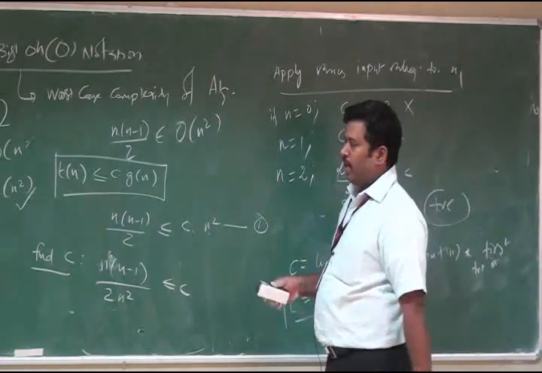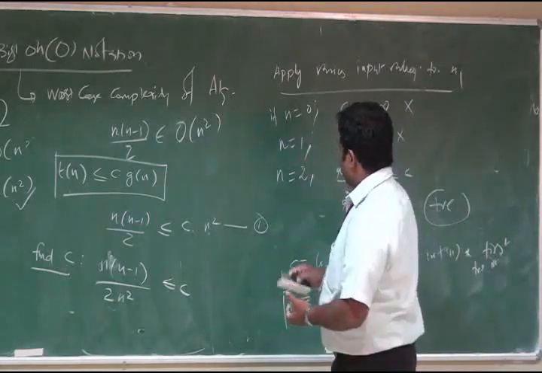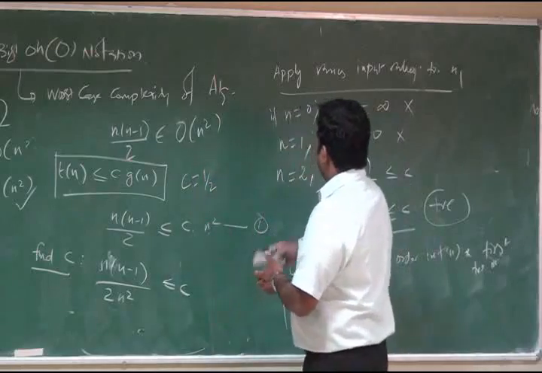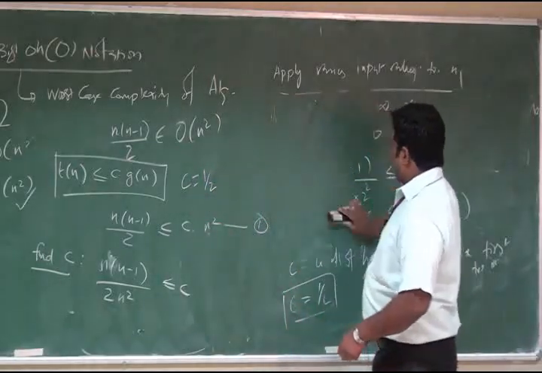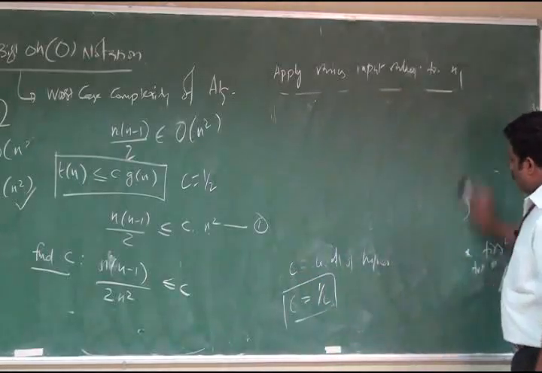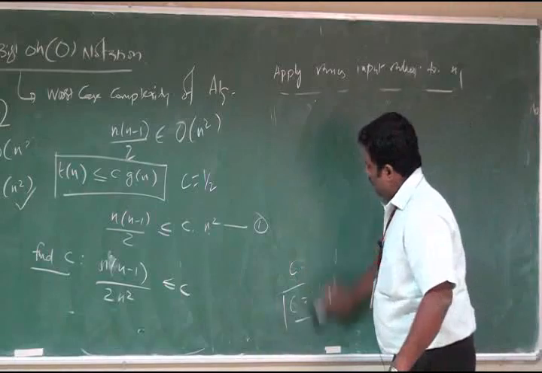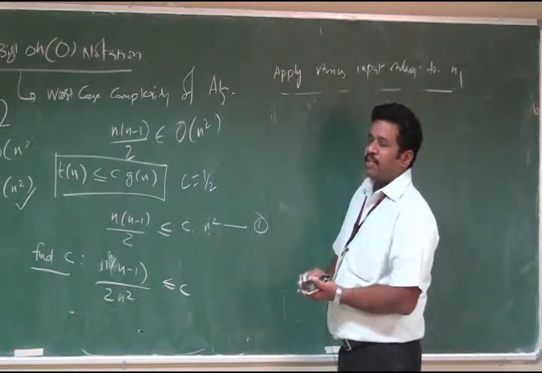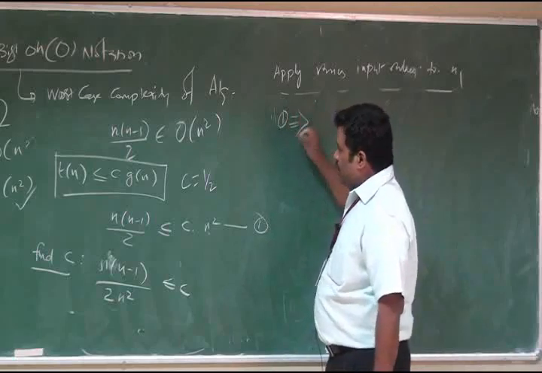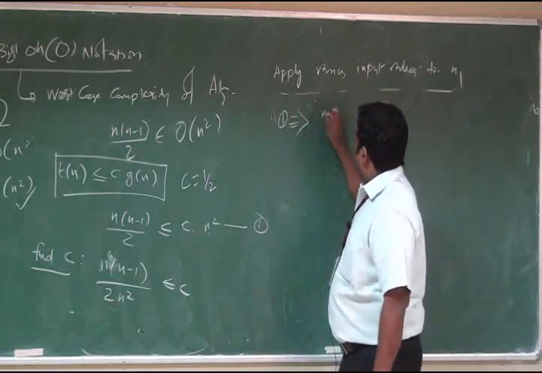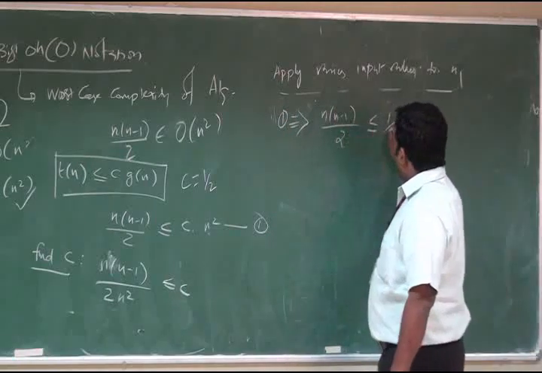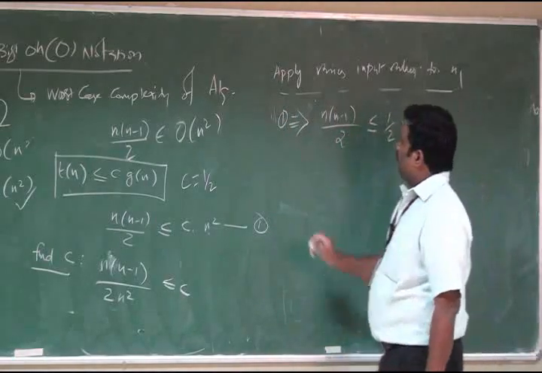Next we are in a position to determine the non-negative integer n naught. The C value we have identified is 1 by 2. Since it is a fractional value, the 2 is modified into fractional representation, 1 by 2. Now we are supposed to determine the value of n naught here. So expression number 1 can be written as n into n minus 1 by 2 less than or equivalent to 1 by 2 into n square.